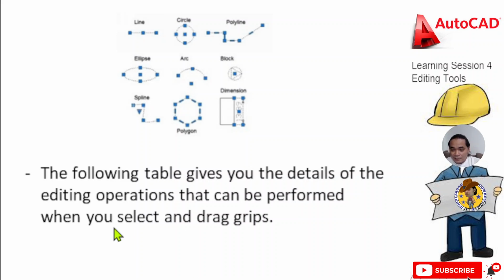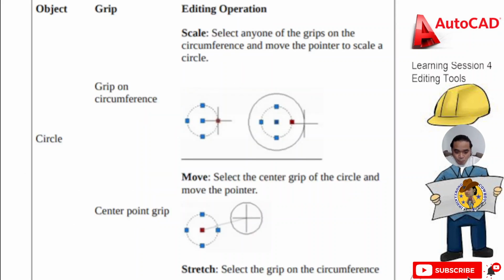The following table gives you the details of the editing operations that can be performed when you select and drag grips. We have the object, where we point our cursor for the grip, then the operation.